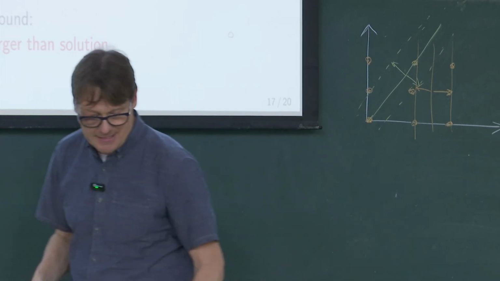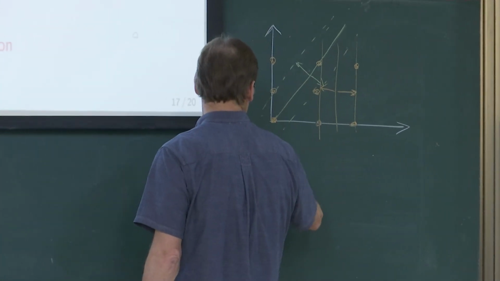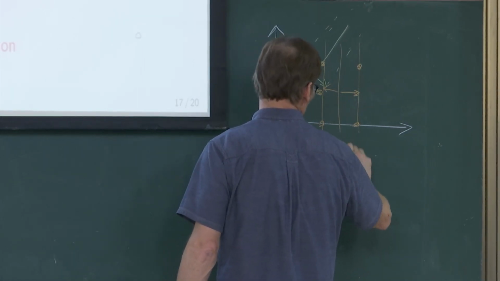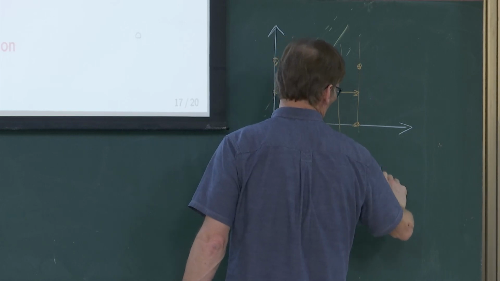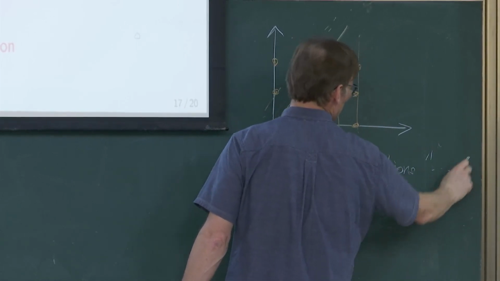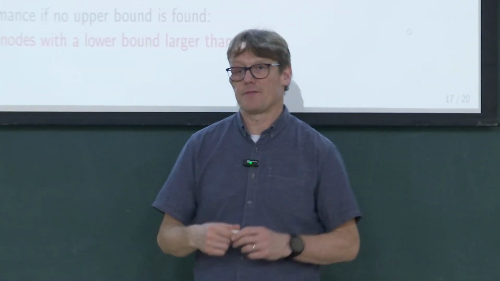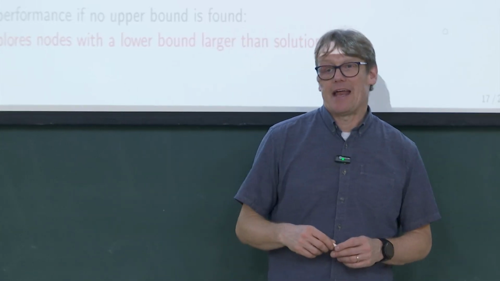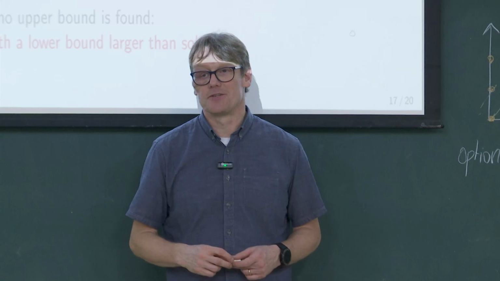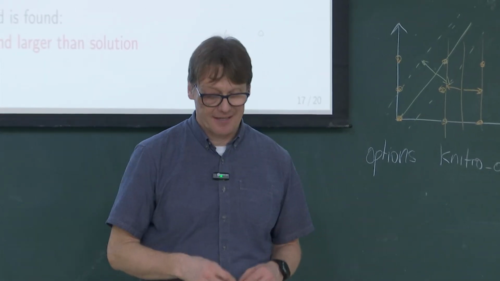So in AMPL, that's when you write options, for example KNITRO options, and then you say something about the node selection strategy. You can see how bad you can do compared to how well they're doing if they're well tuned, or how much better you can do.